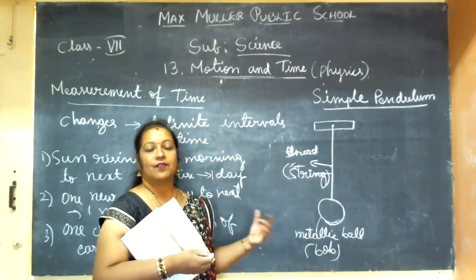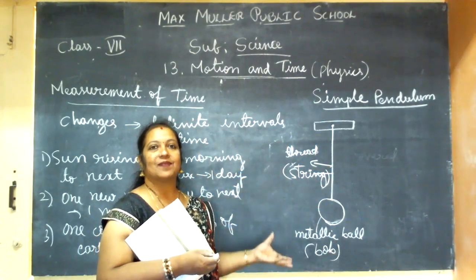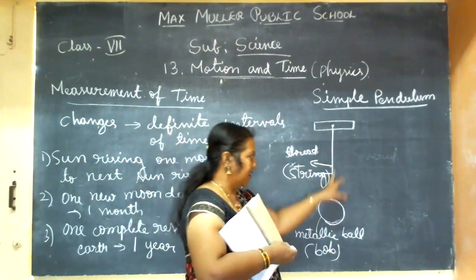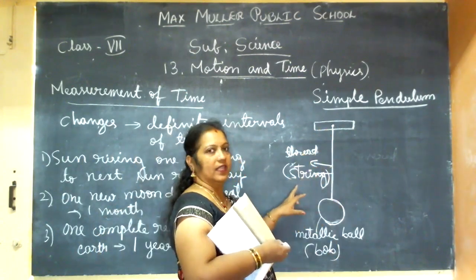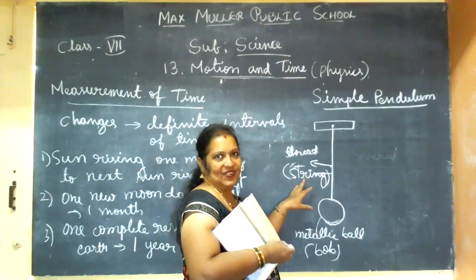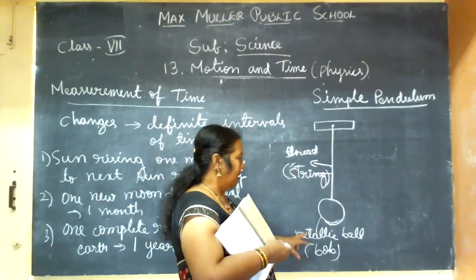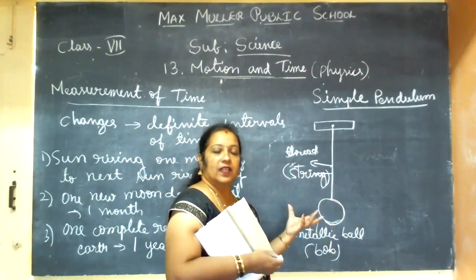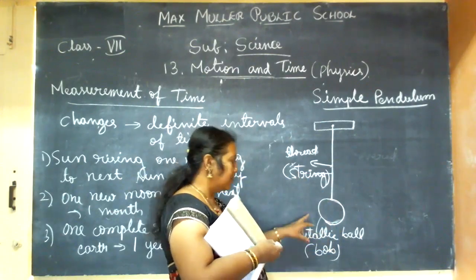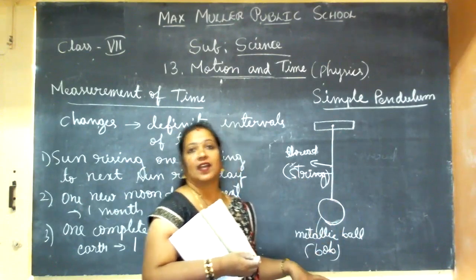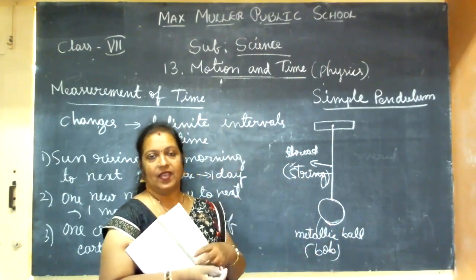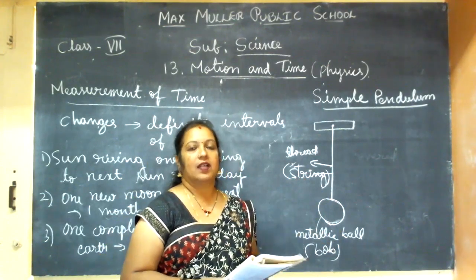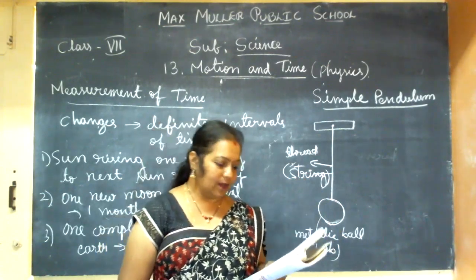This is only a thread, but here they call it a string, a fixed string. Then any heavy object, a metallic ball or a stone you can tie, that part we call the bob. Here we have taken a metallic ball and that is named as the bob.